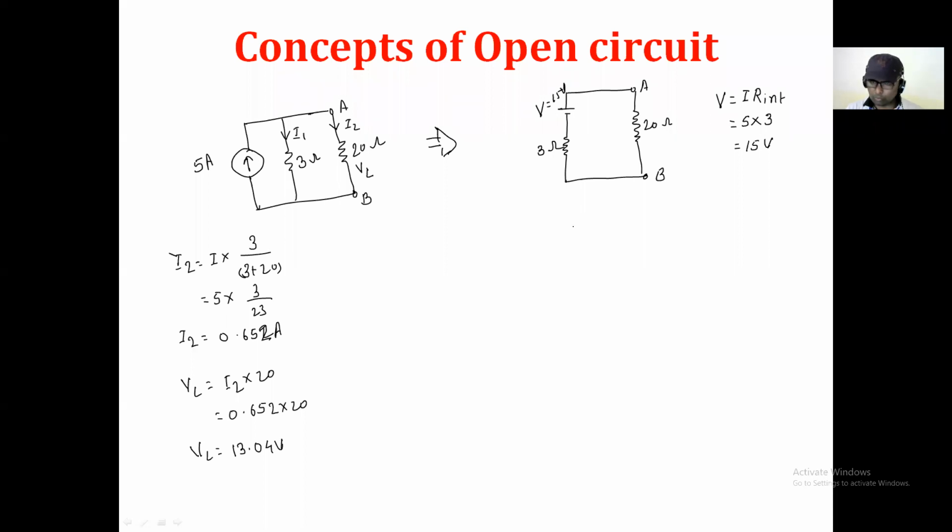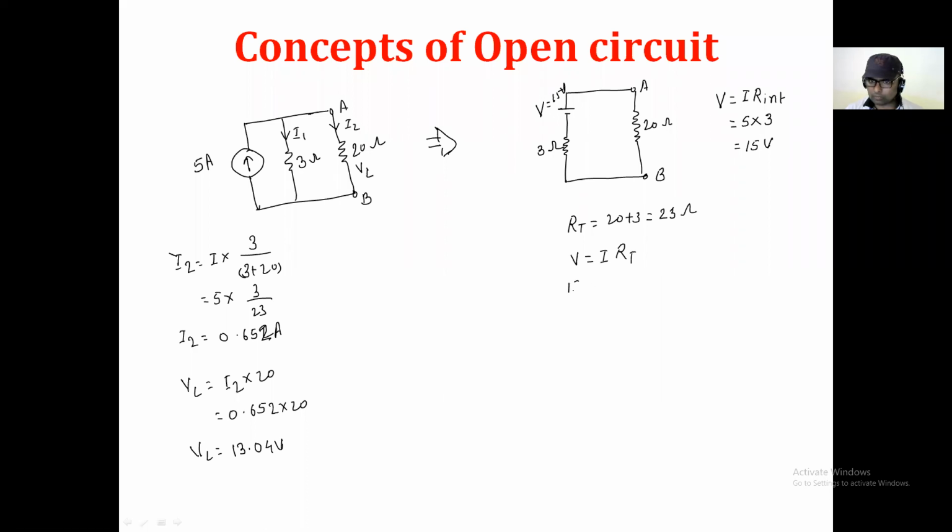Now we will do the analysis here. As you know, this 3 ohm and this 20 ohm are connected in series. So the total resistance is 20 plus 3, which is equal to 23 ohm. Then we calculate the current. We apply Ohm's law, V is equal to I into R total.